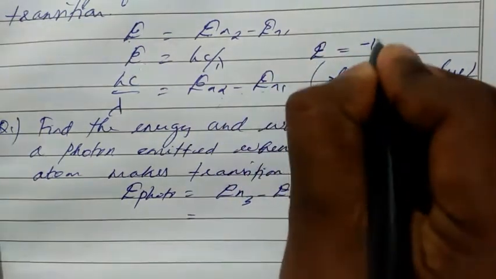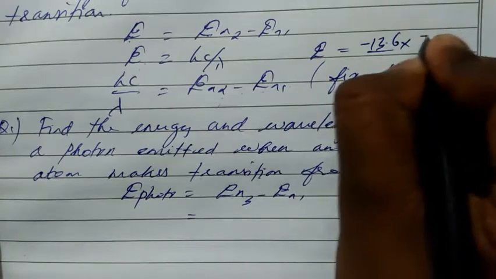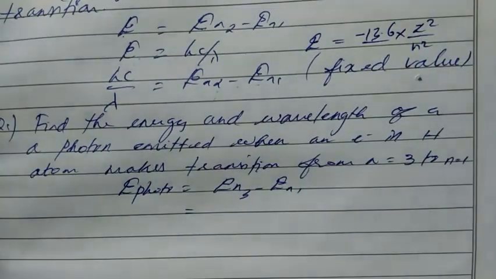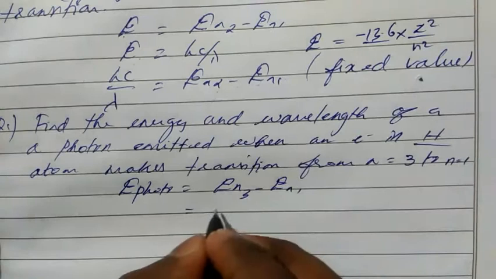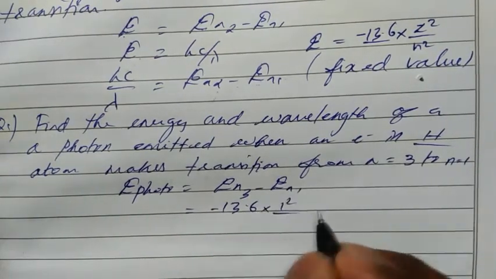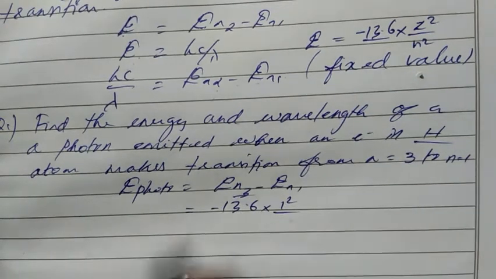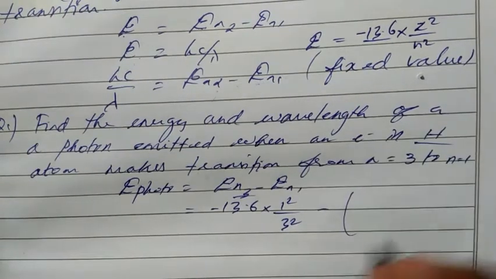Energy equal to minus 13.6 into Z square by N square. That is the general formula. So Z means atomic number of hydrogen atom, 1. So we can write the formula minus 13.6, Z square is 1 square, divided by N square, in which orbital? So third orbital, so 3 square, minus En1.